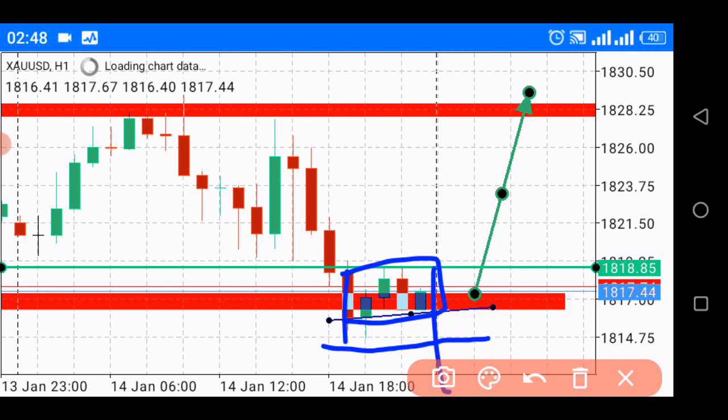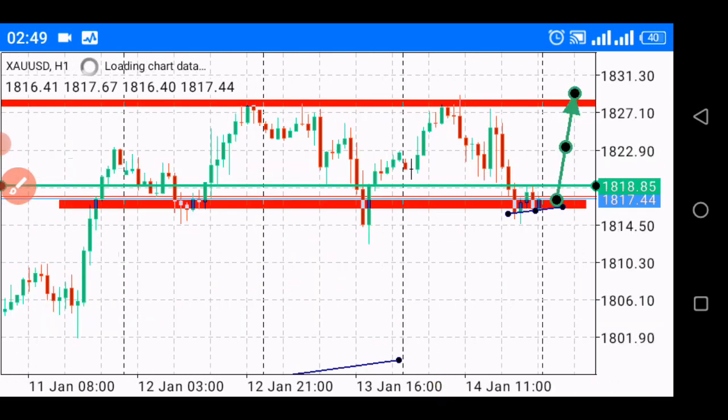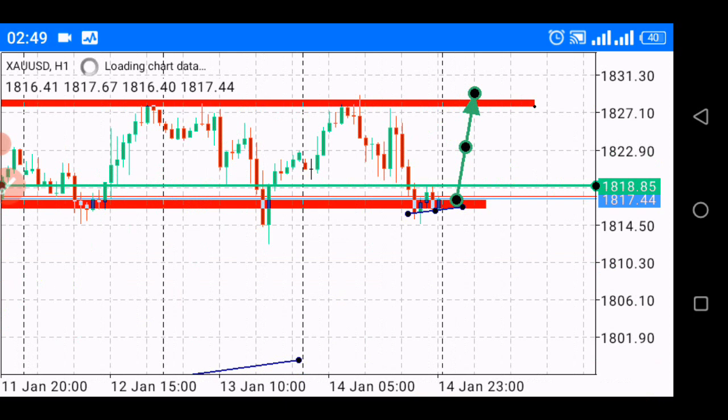If it breaks with a momentum candle, we are going to enter in the next candle that confirms the movement, and we are going to be looking for down movements.